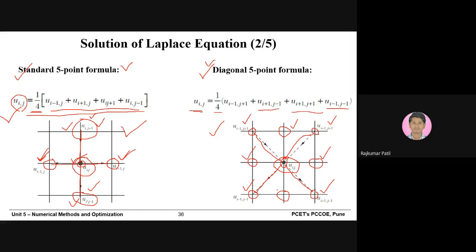So in such cases, you need to use the diagonal 5-point formula, and once the values of the neighbors are known to you, then go back to the standard 5-point formula in order to increase the accuracy of the result.